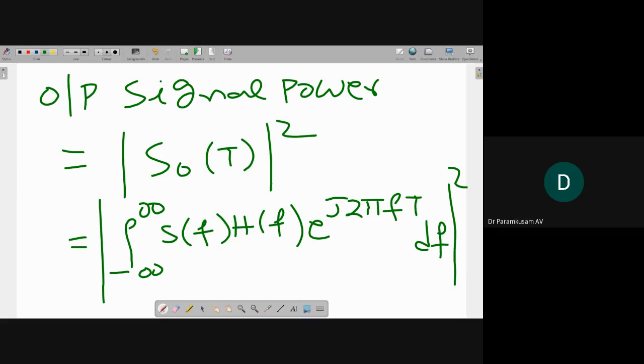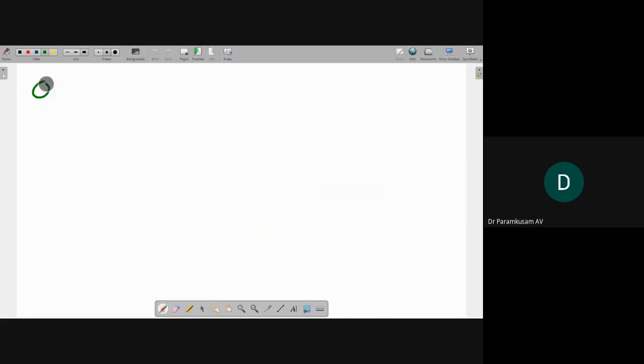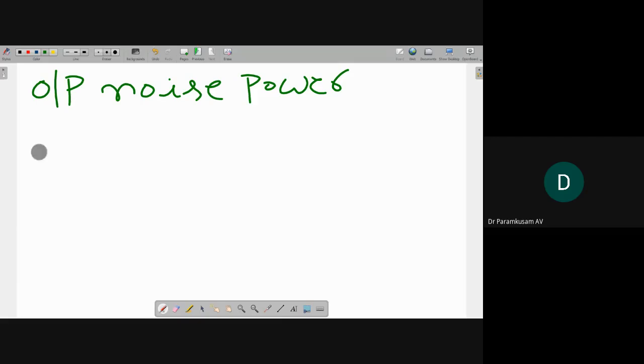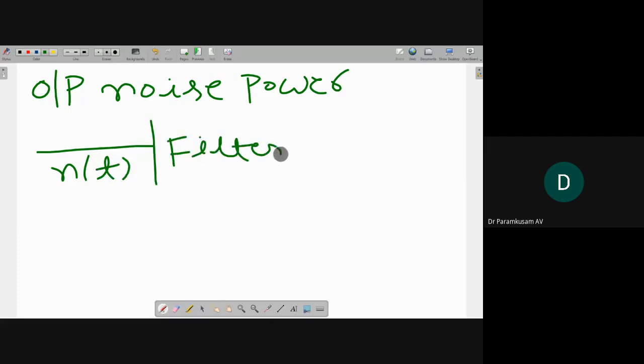Now we have derived the expression for the output signal power. Next we derive the expression for output noise power. Now we consider only noise. Suppose only n of t is applied to the filter, with filter transfer function h of t.